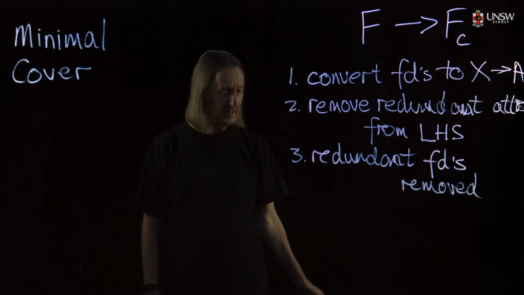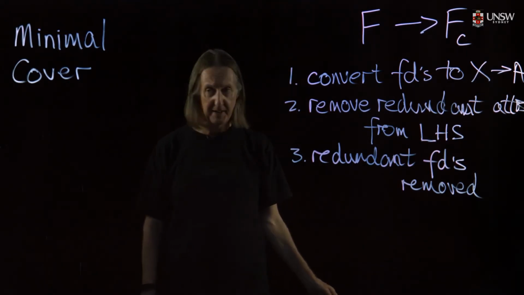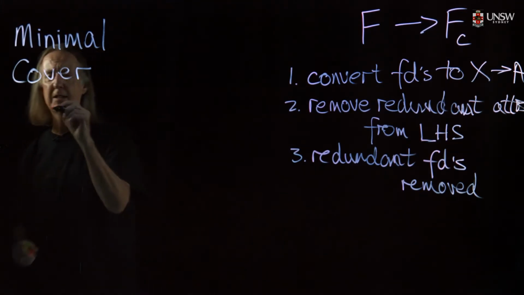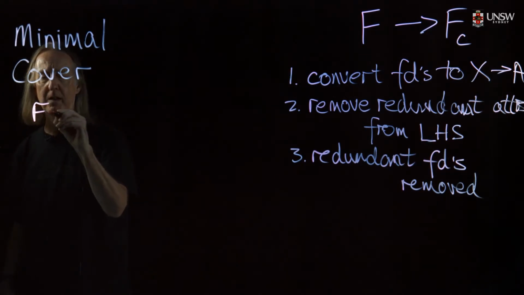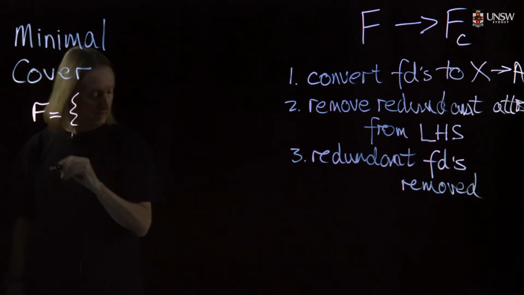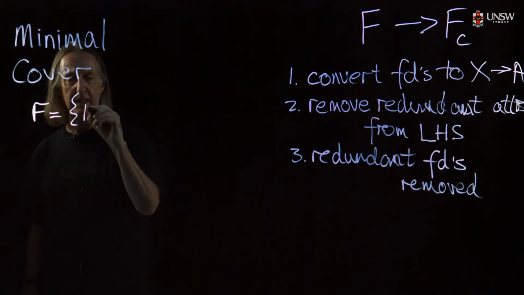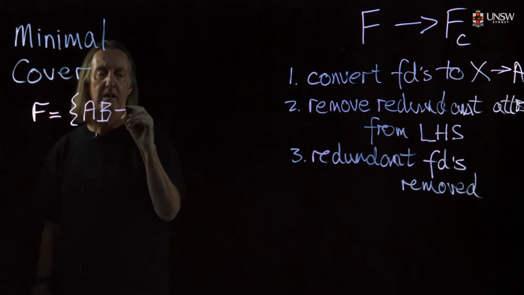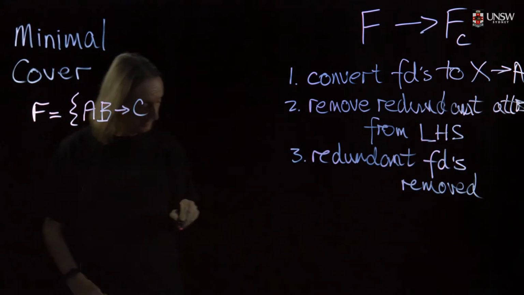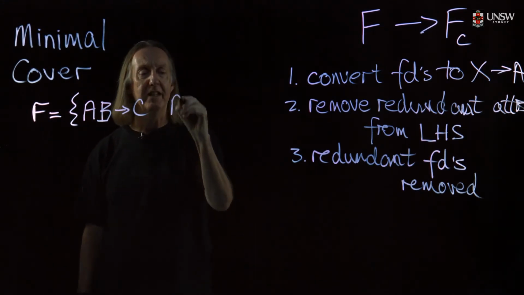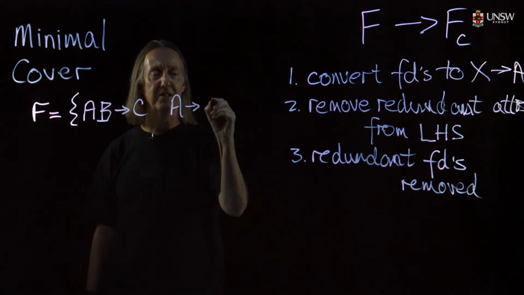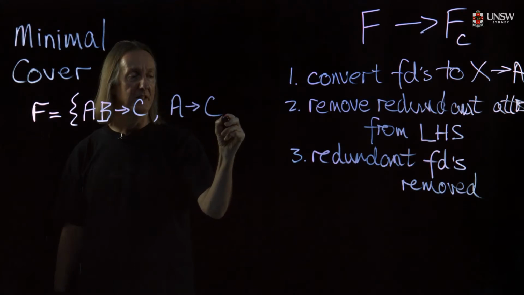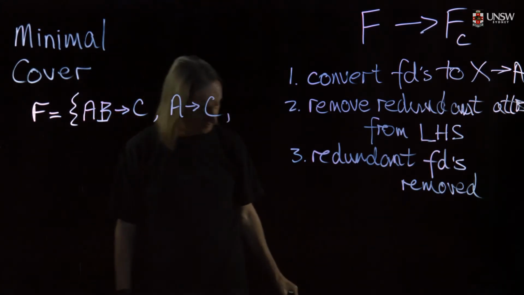So let's take a look at an example. Our starting set of functional dependencies will be B determines C, A determines C, so straight away we can see that we've got that scenario I originally had, where there's a bit of redundancy, like that B is redundant.